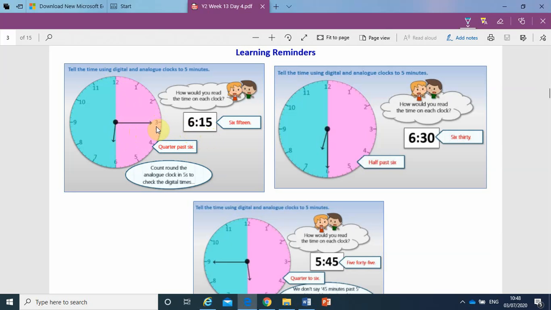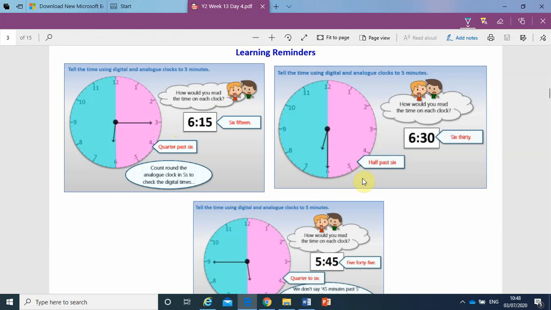Don't be tempted to put 3, because it's not 3 minutes, it's 3 lots of 5, 5, 10, 15. So written digitally, it is 6:15, or as an analog we could say quarter past 6.